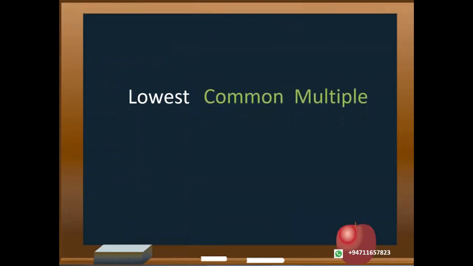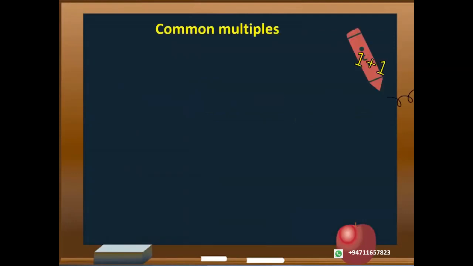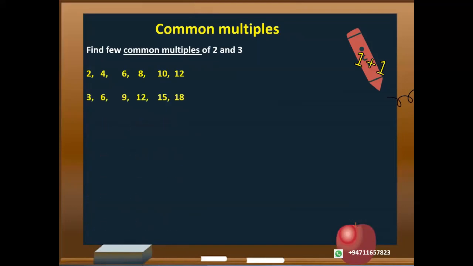Then we'll see what are common multiples. So we'll find some common multiples of 2 and 3. To find the common multiples of 2 and 3, first we'll write few multiples of 2. We cannot write all the multiples of 2 because it will go till infinity. So we'll write few multiples of 2 and few multiples of 3 as well.